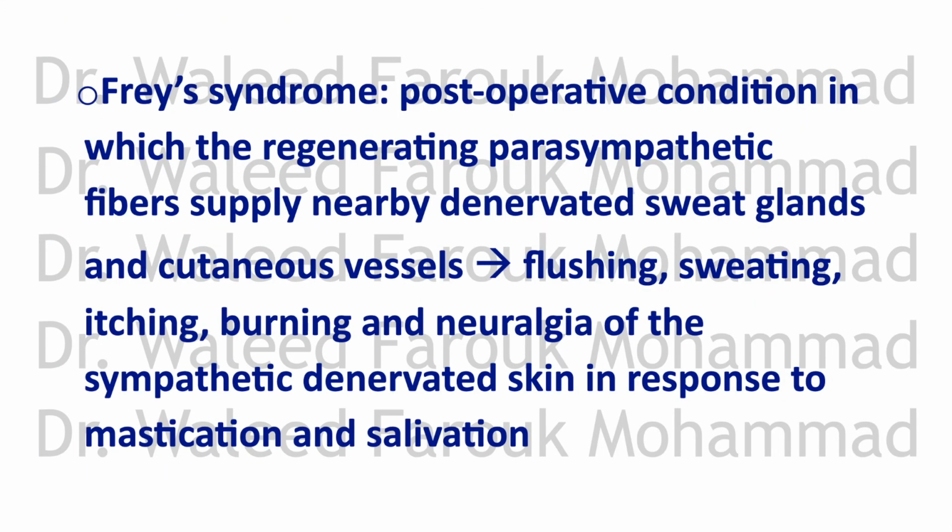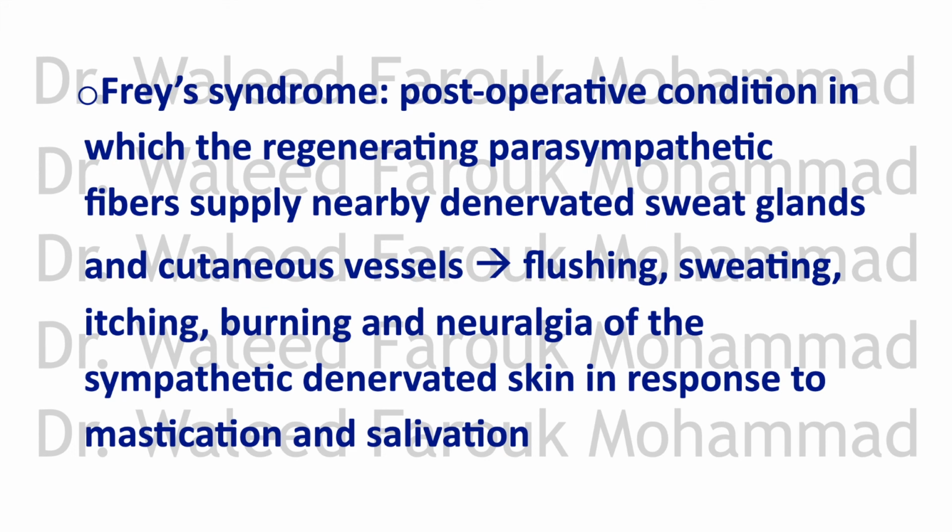Now, there's a very interesting syndrome here called the Frey syndrome. In patients who undergo operations on the parotid region, of course, you will excise tissue and denervate structures. From the structures denervated will be sweat glands and some blood vessels, right? Because you're removing tissue.